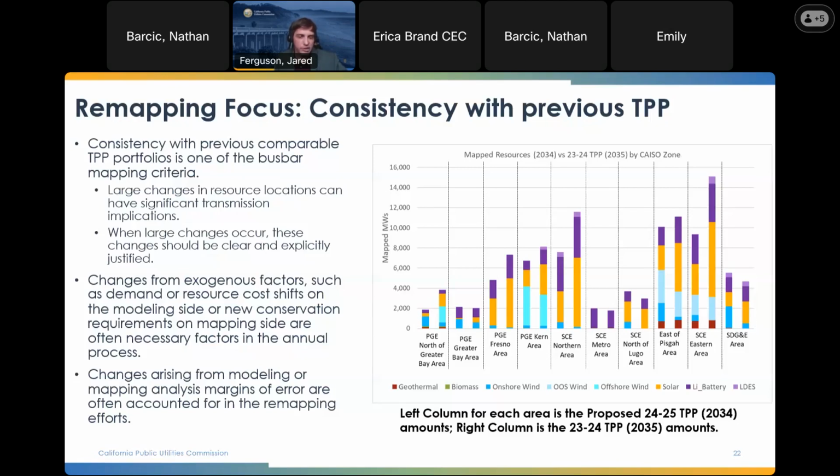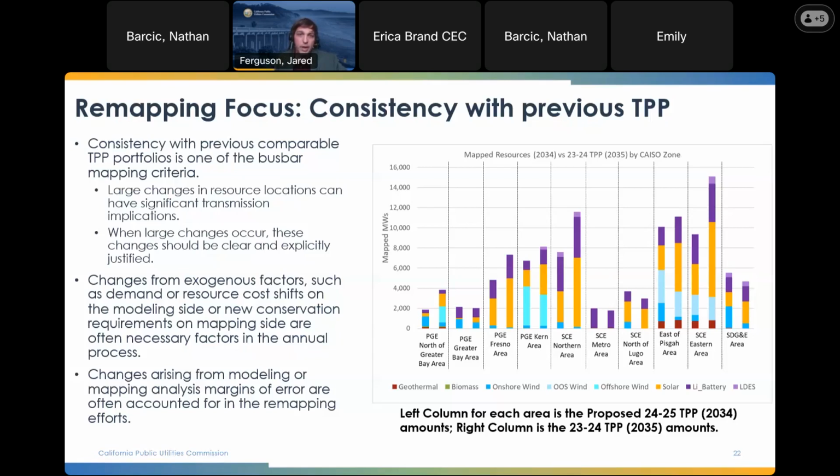However, other changes that arise from knife-edge modeling assessments that are within margins of error are ones that do potentially warrant remapping for more consistency and better alignment. The chart here on the right shows the comparison between the previous TPP and this proposed base case for the 2034 results.